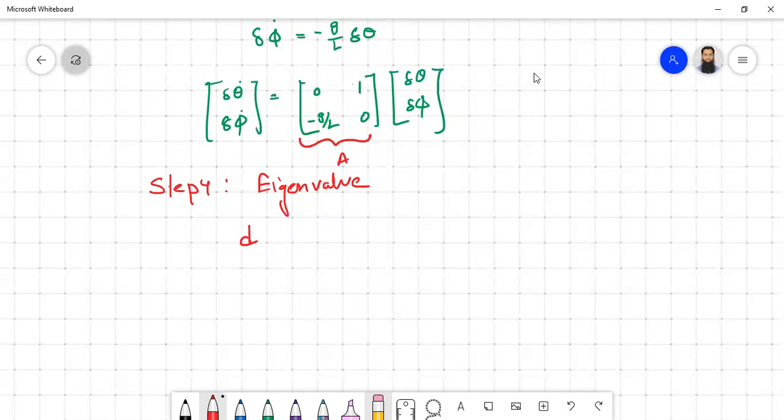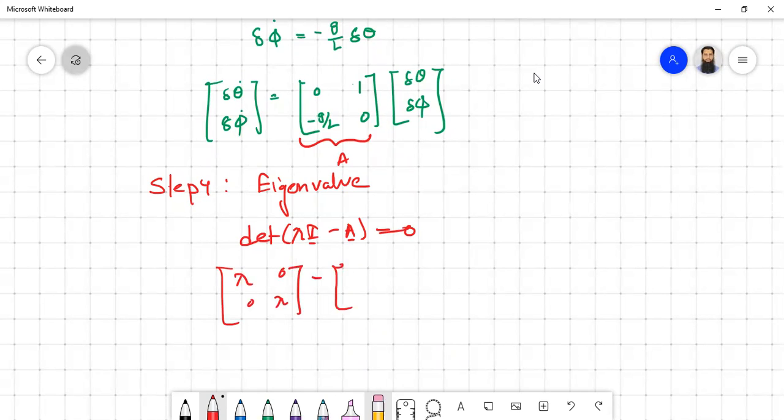The determinant of lambda I minus A has to be equal to 0. So basically lambda 0, 0, lambda, minus 0, 1, minus g by L, 0. You have to find the determinant of this and set it to 0.